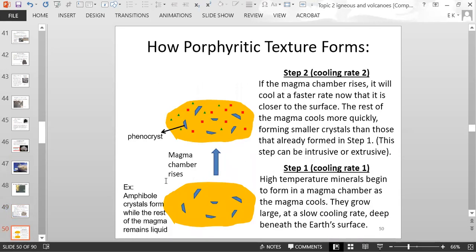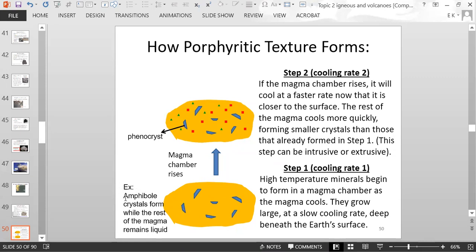So how do porphyritic textures form? Step one, this is cooling rate number one. You have a magma chamber deep underground, and the magma starts to cool. So the high temperature minerals at the top of the Bowen's reaction series are going to begin to form, and then they're going to grow large because the magma is cooling at a slow cooling rate deep beneath the Earth's surface.